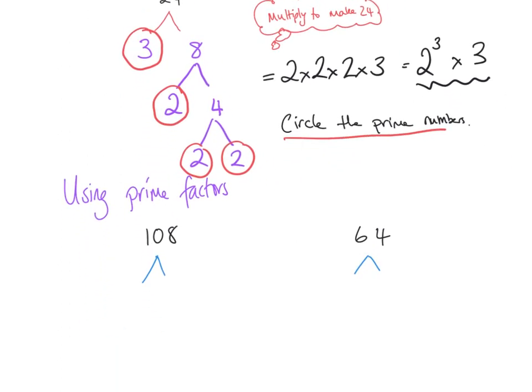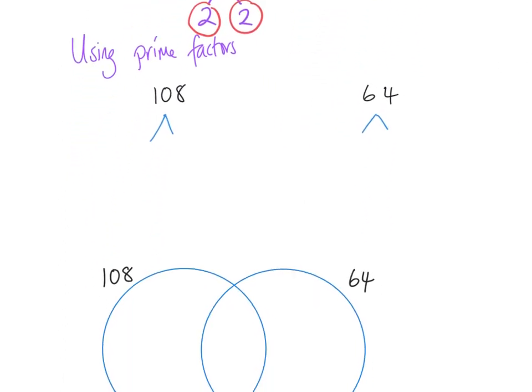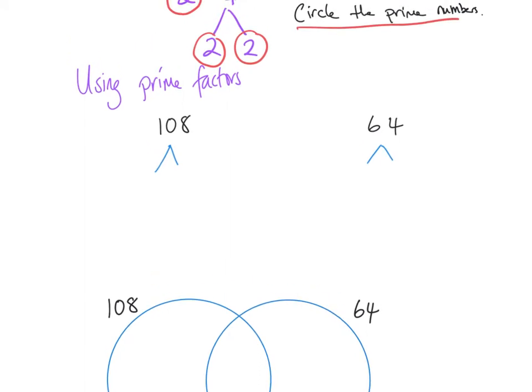Using that then, we can find what we know as the highest common factor. So we're going to practice a couple. Let's break down 108 into prime factors. So I can do 2 times 54, circle the 2. I can do 2 times 27, 3 times 9, and then 3 times 3.